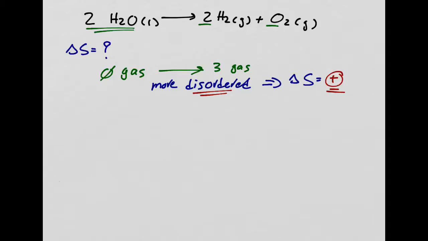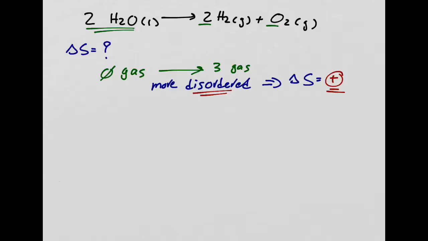Now, often, not always, you can predict the sign by looking at moles of the gases and see what happened: you got more moles of gas, or you got fewer moles of gas. And you can also look up the S value, the entropy value, and actually do the calculation and then figure it out. So far, so good.